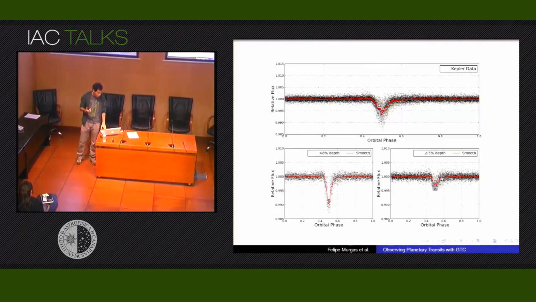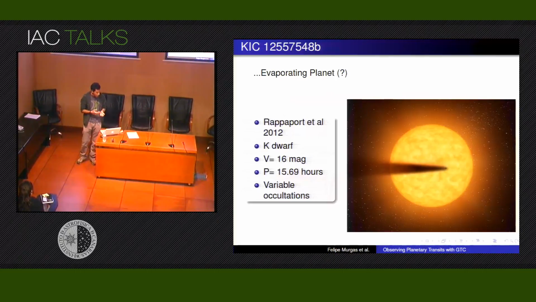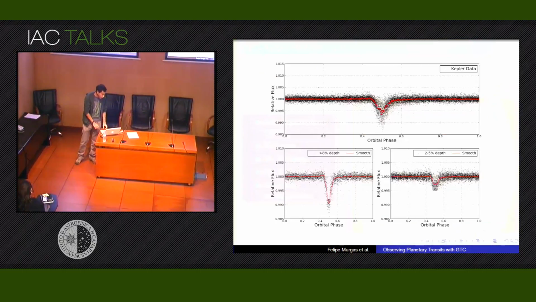So the current theory behind this is that it's a Mercury-sized object evaporating. Sometimes we see this object bigger because the gray cloud is bigger, and sometimes it's smaller. We know that it should be more or less of Mercury size because Kepler doesn't detect the occultation. If it's not detected by Kepler, it should be a really, really small planet.